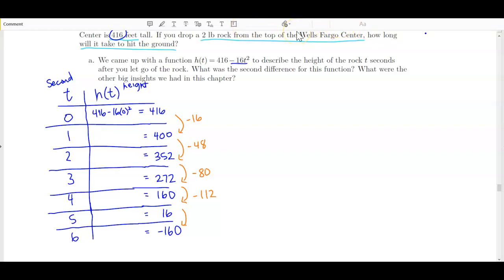Oh, great, it's acting up again. Okay, so if I go from negative 16 to negative 48, what would that second difference be? Anybody?